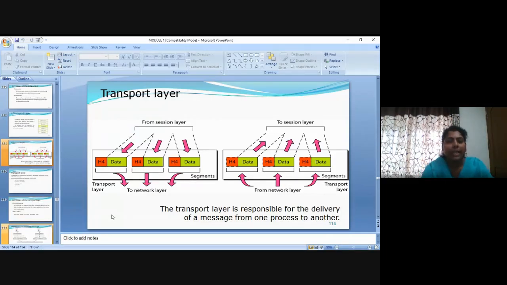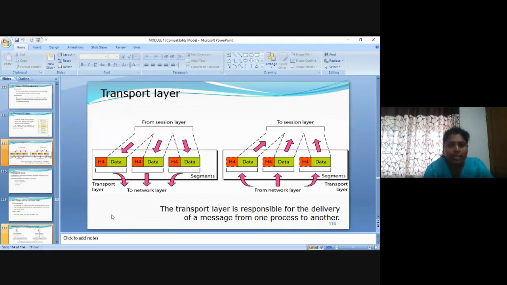You know the data is coming from the session layer. From the session layer, the data is transferred to the transport layer. Whatever data is received from the session layer, the transport layer will divide it. The data is divided into small units, and small units you can call segments. In the diagram, you can see what is the meaning of segments.